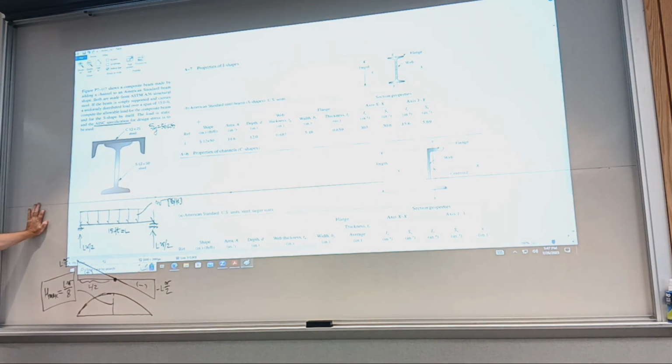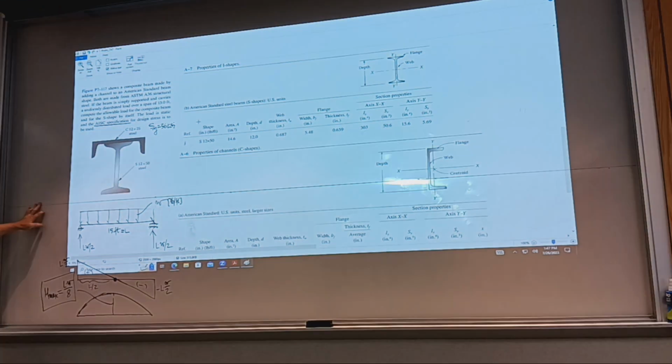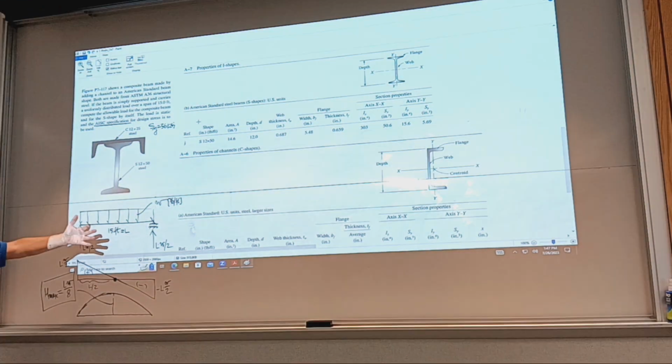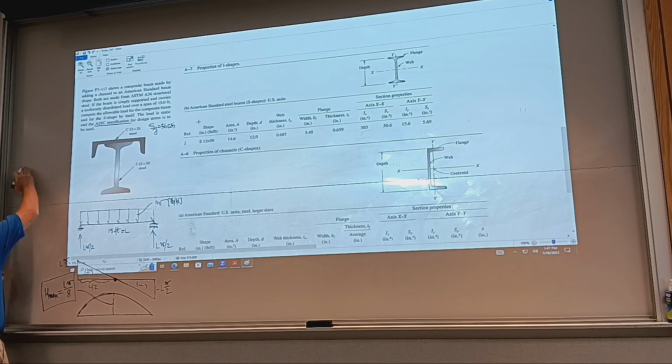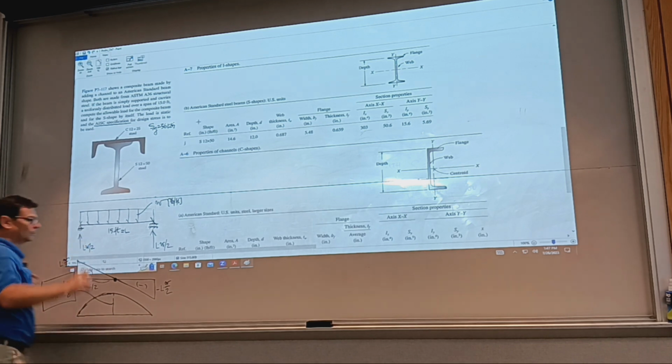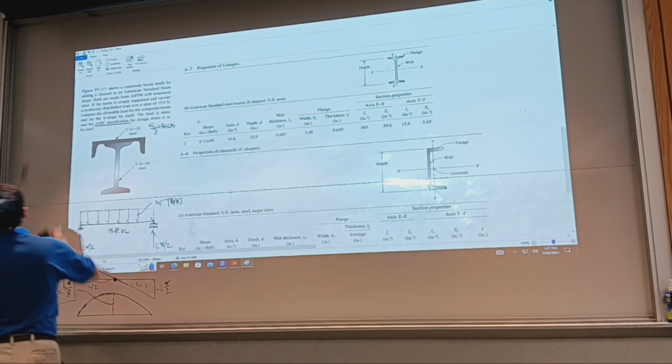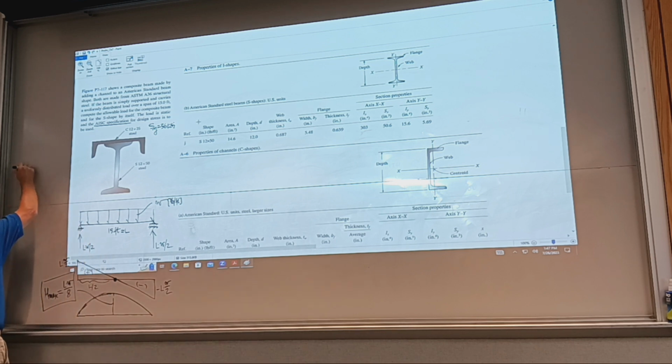This could be considered a building-like structure, 15 feet with uniform load. So we state the flexure formula, sigma equals M over... we have two sigmas.